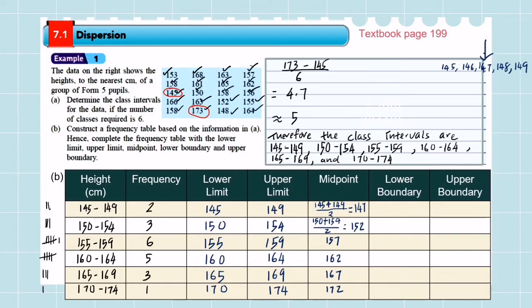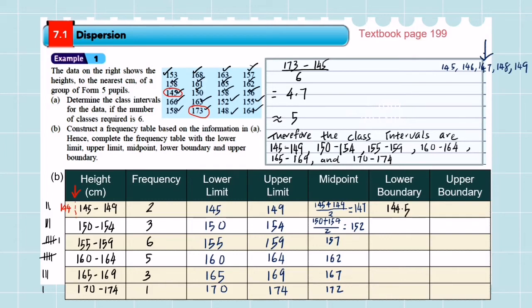Okay, so what is lower boundary? Lower boundary actually is here. The number before the lower limit is 144. So this one we call it boundary. So between 144 and 145 is 144.5, correct or not? So the lower boundary is 144.5.